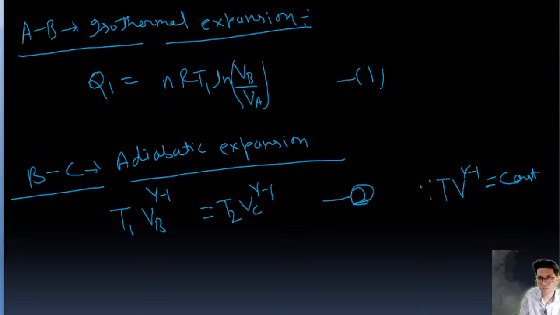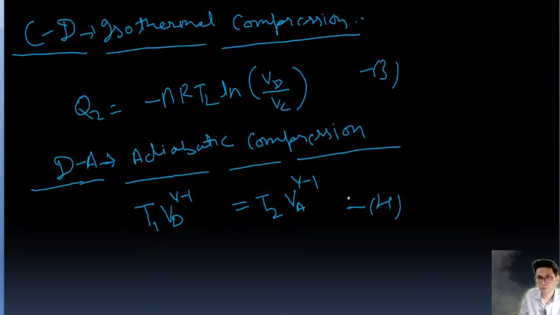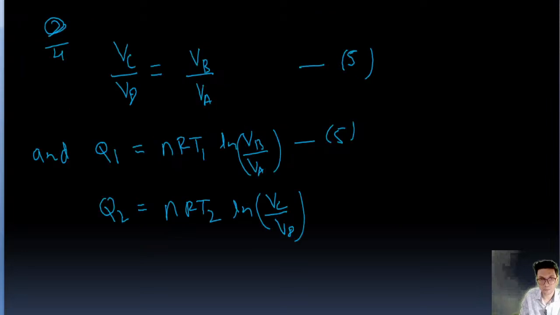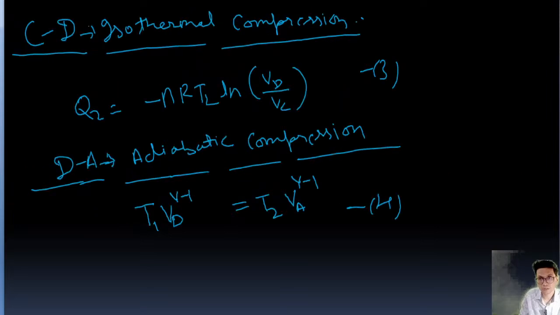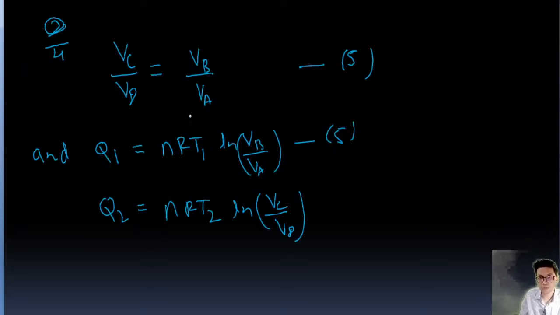Okay, so here it was Vd upon Vc, right? So this became Vc upon Vd. So now this implies Q1, so this is 6, okay?